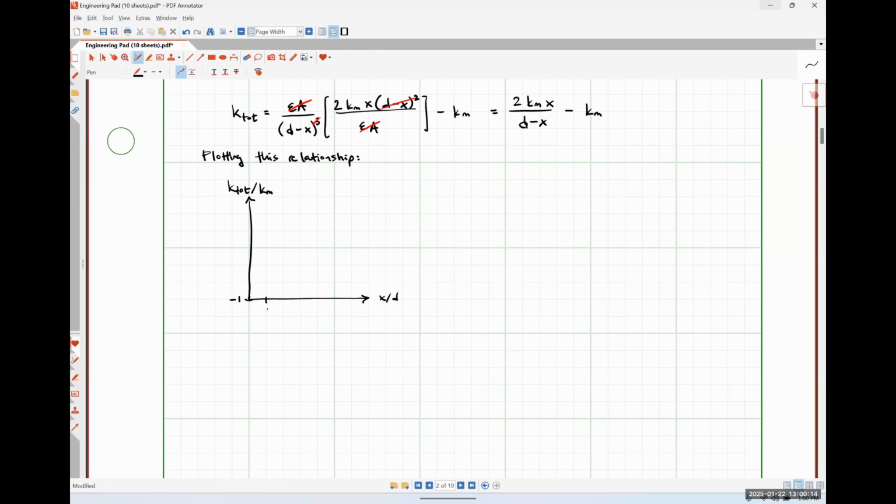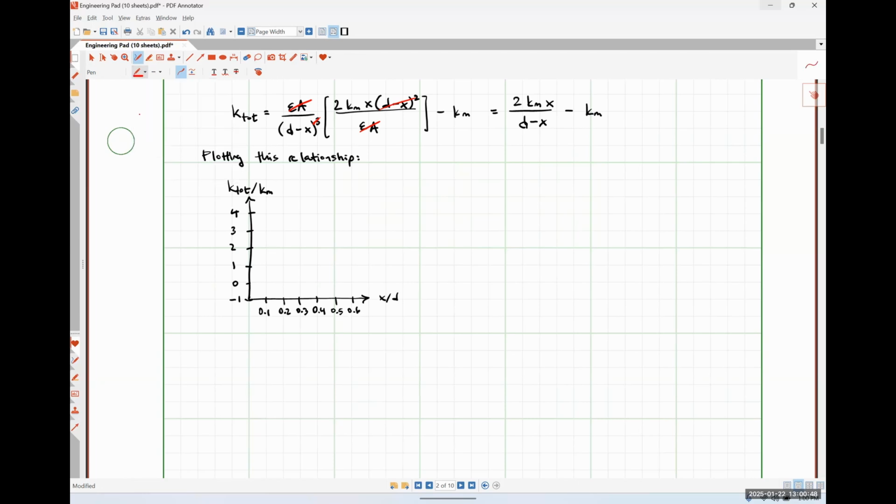Along the x-axis, I'm going to just put 0.1, 0.2, 0.3, 0.4, 0.5, and so on. I guess I'll just put 0.6 here. For what it's worth, it's literally impossible for x over d to ever be greater than 1, right? On the y-axis, let's do 0, 1, 2, 3, 4, etc.